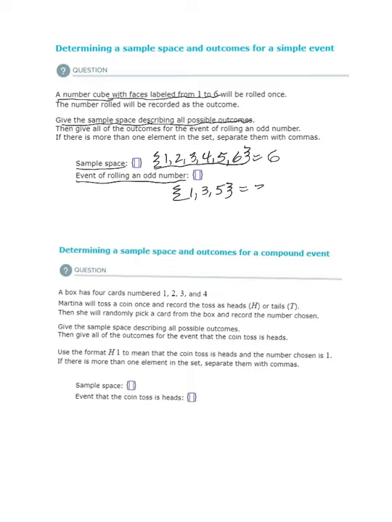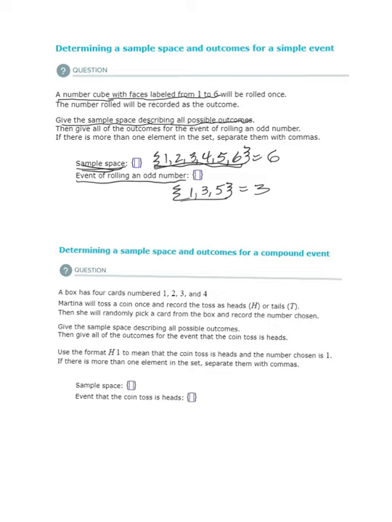There are 3 things for this event. We're going to be working on the probability of rolling an odd number given a sample space like this. So yeah, those are going to go pretty quickly. You just got to do the sample space and type up the event.